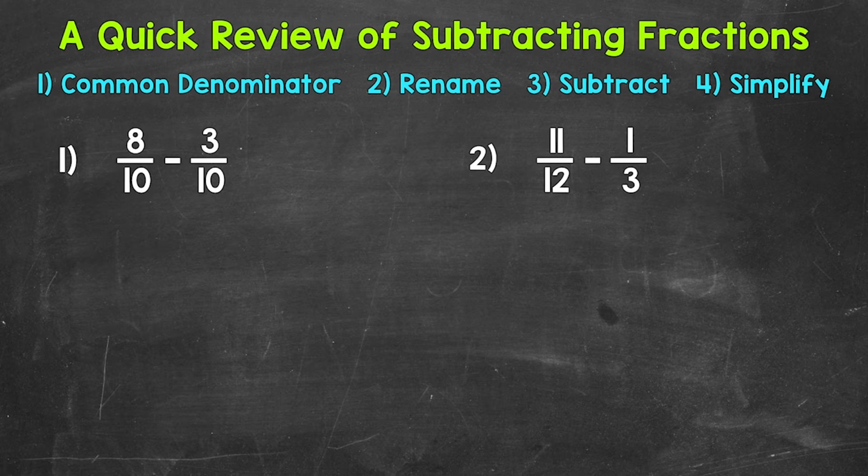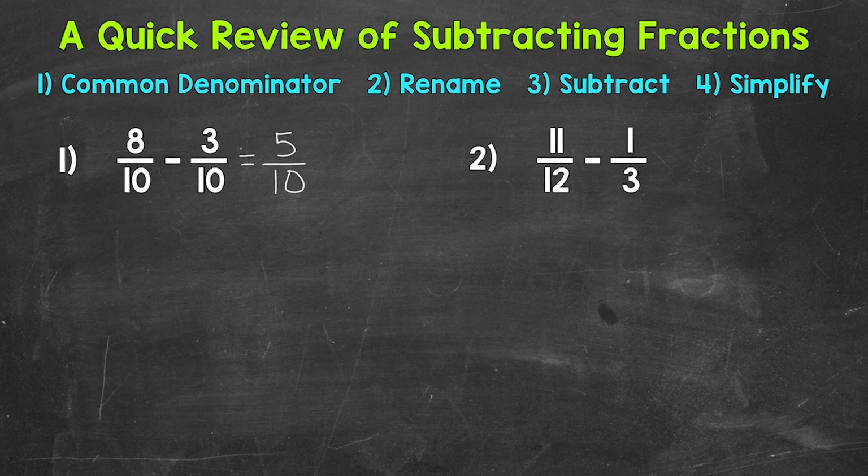So we have a common denominator in our original problem, so we can go ahead and subtract. For our numerators, we have 8 minus 3. That gives us 5. And then our denominator of 10 stays the same. So we get 5/10, and that's our answer.